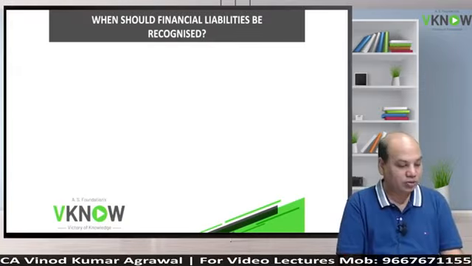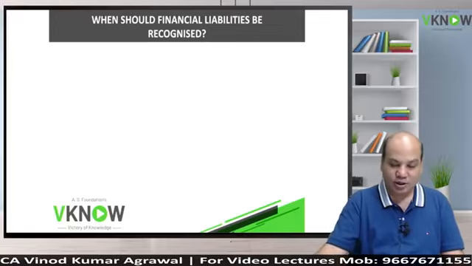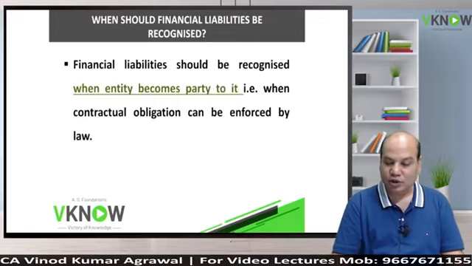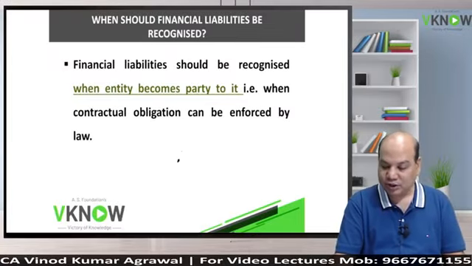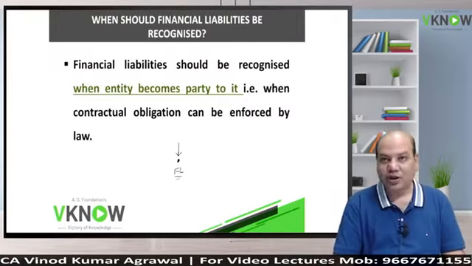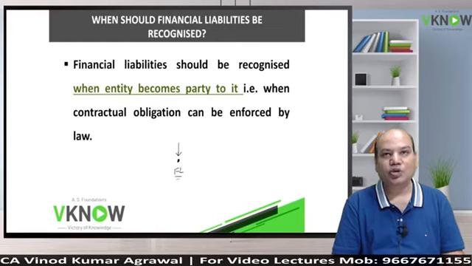Now we'll come to the accounting part. Ready? Accounting begins now. When should a financial liability be recognized? What is the point of time that yes, now I should bring the financial liability in the books of account?